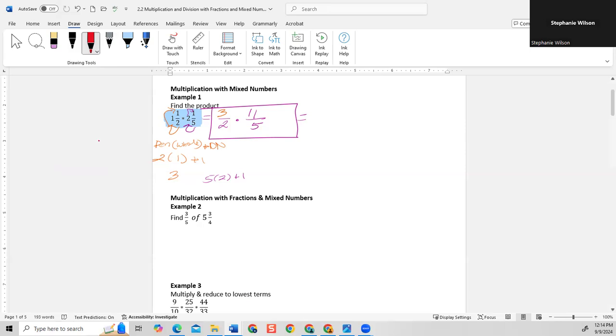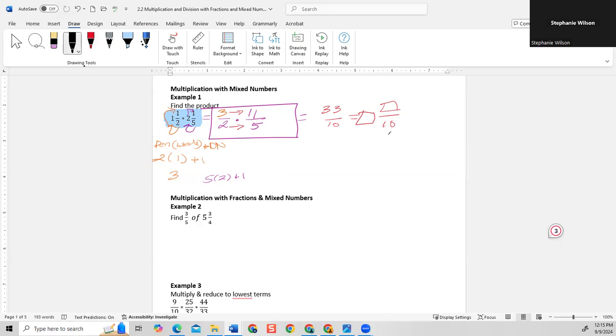So I'm going to multiply straight across: 3 times 11 is 33, and 2 times 5 is 10. Okay, so I have an improper fraction because 33 is larger than 10. Let's rewrite it as a mixed number. The denominator doesn't change, and I need to figure out the new whole number and the new numerator. Now I'll show you another method too.